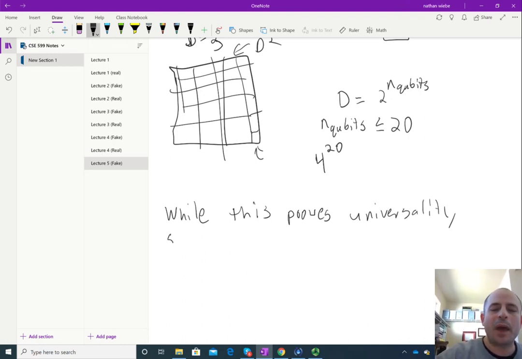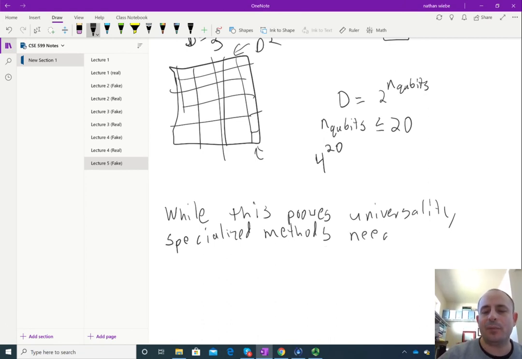Specialized techniques will be needed to implement specific quantum algorithms.